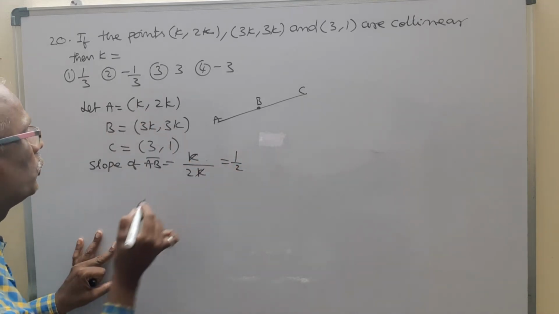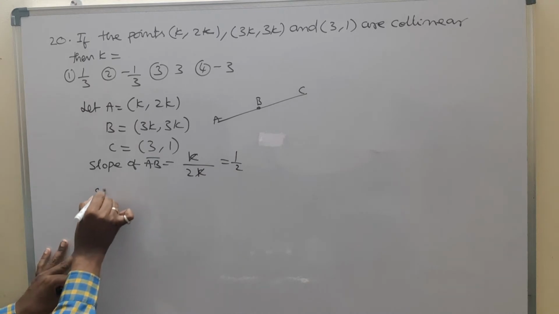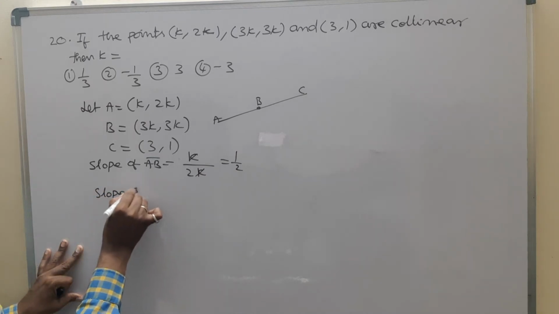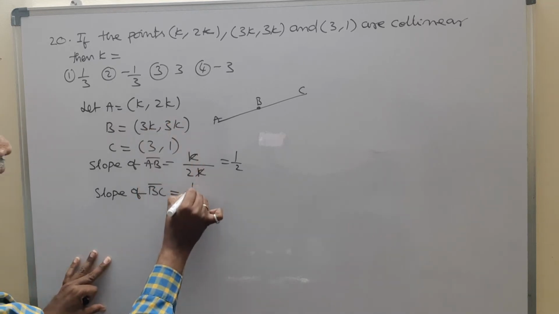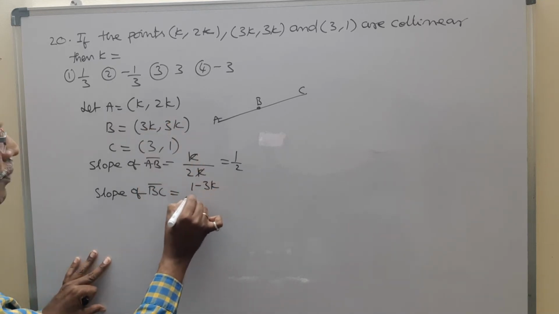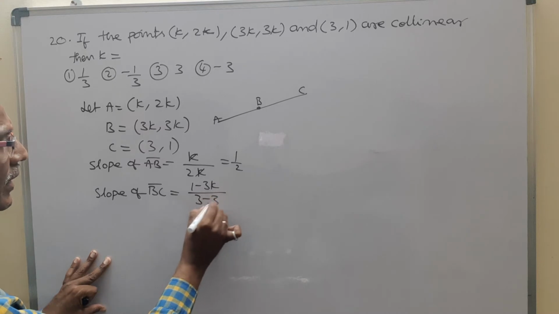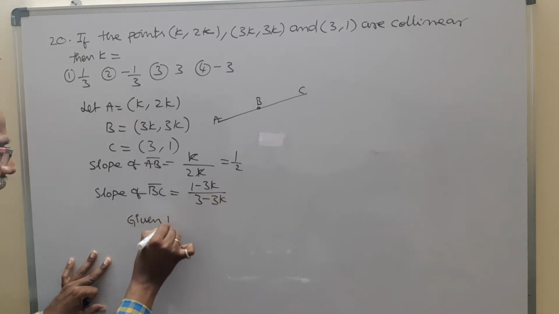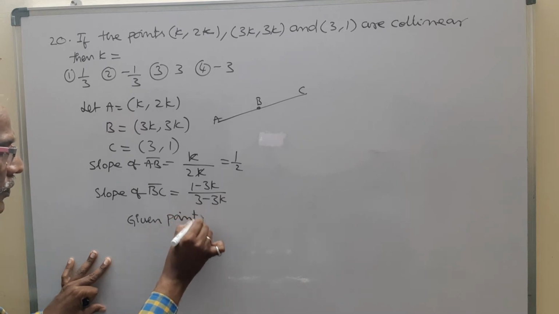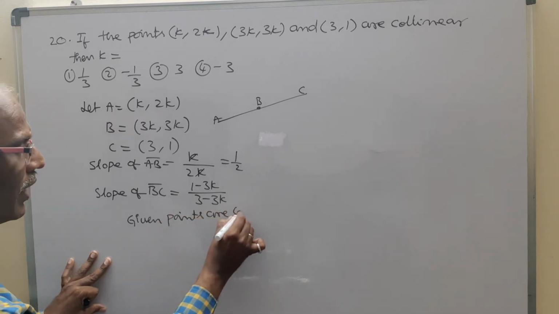This is 1 by 2. Next to find slope of BC: 1 minus 3k by 3 minus 3k. Here the given points are collinear.